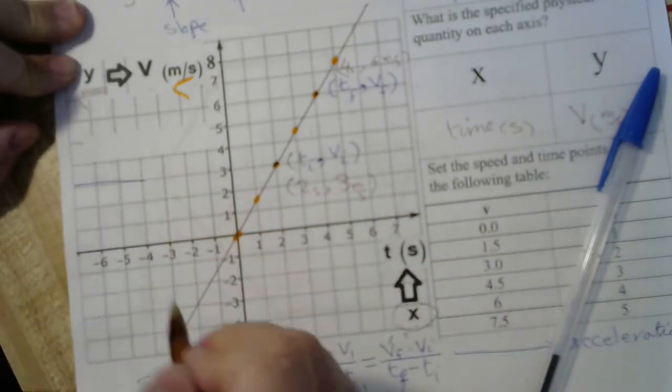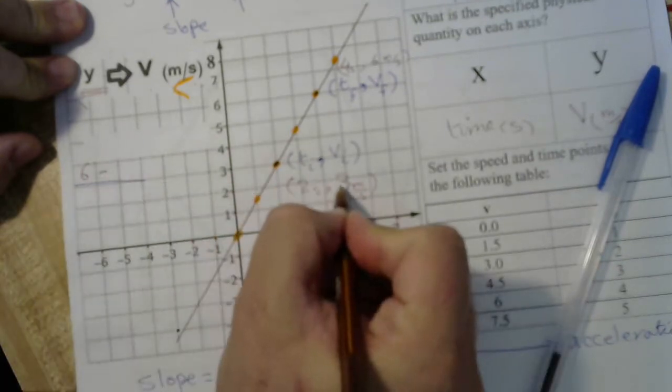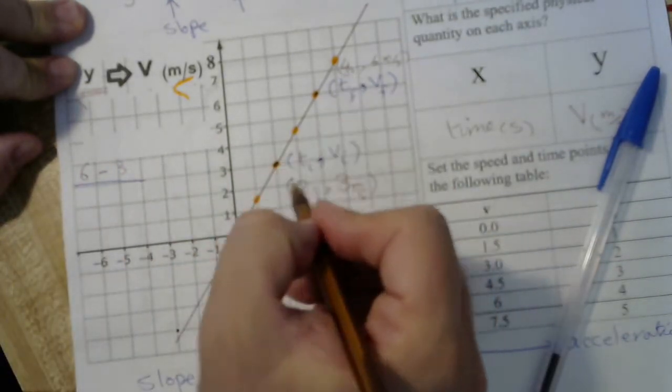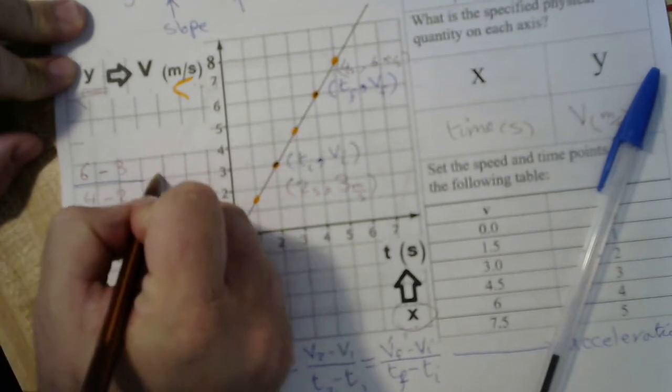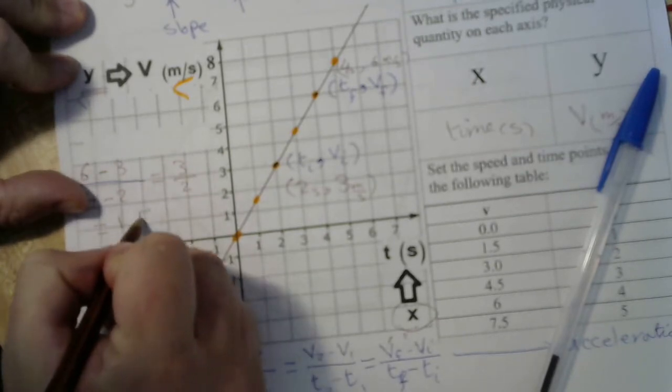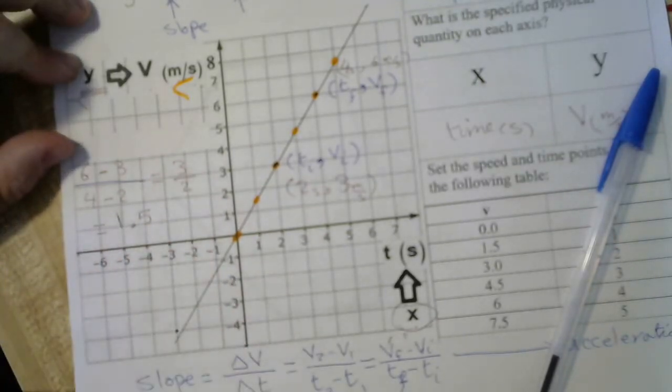Now I can find the slope: v final 6 minus 3 divided by 4 minus 2, which is 3 over 2, which is 1.5. What is the unit?